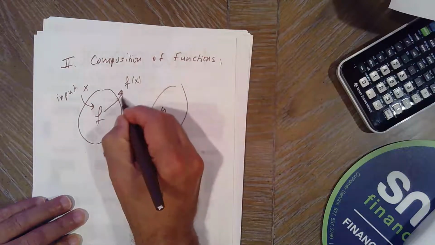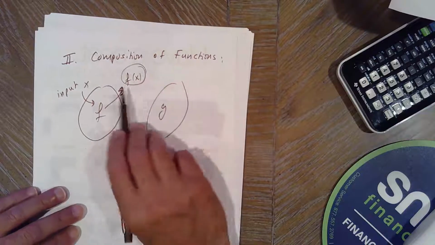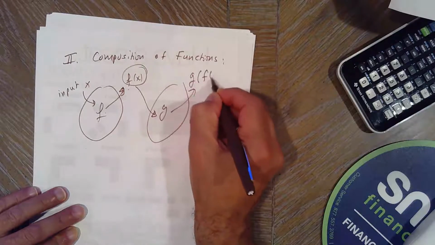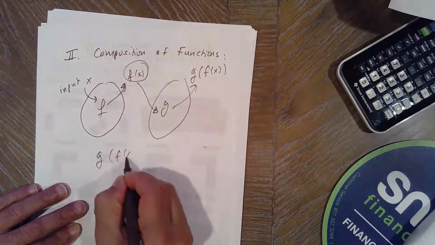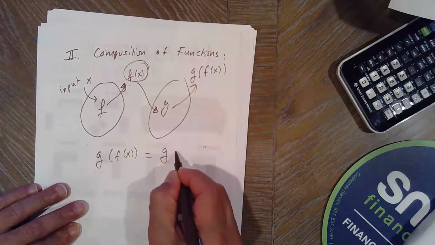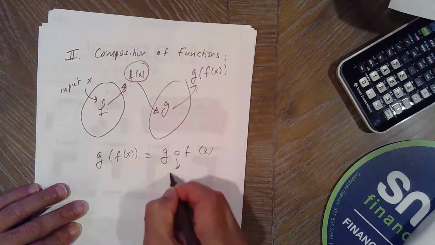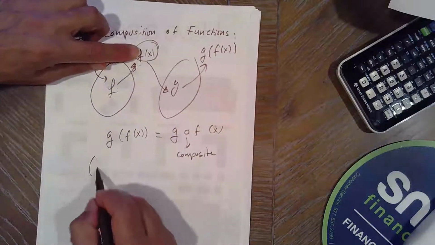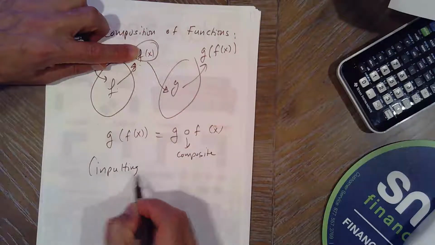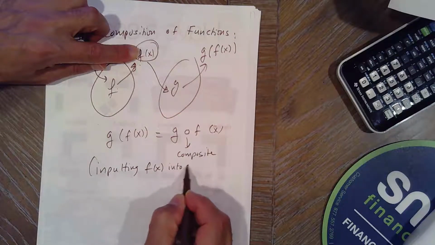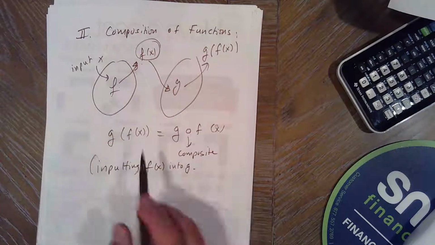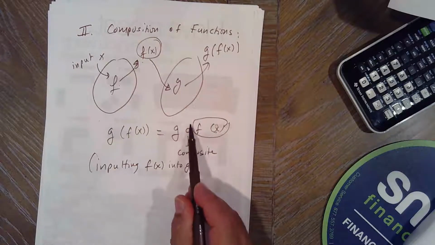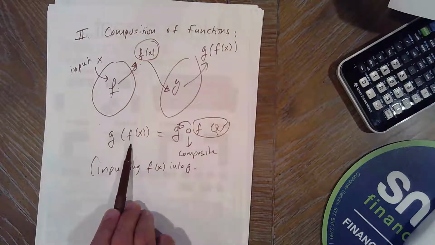Instead of inputting x again into g, we're going to take the output from f and make it an input in g, and we get g of f of x, which we actually write as g composite f of x. Which means you're inputting f of x into g. So we always input the closer letter to x into the outer letter. So we input f of x into g, okay?